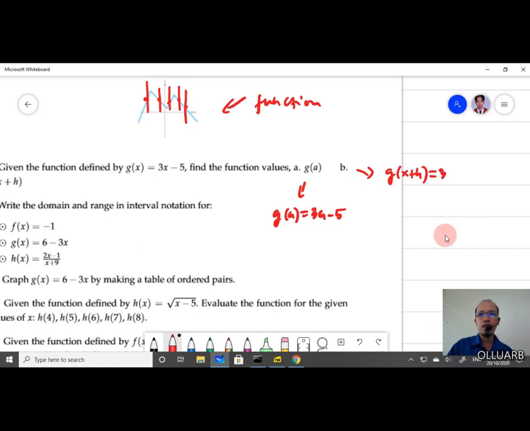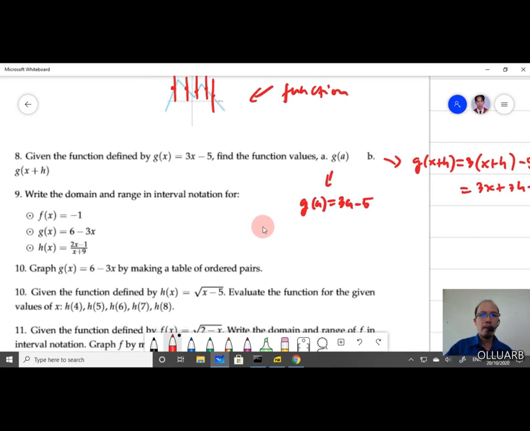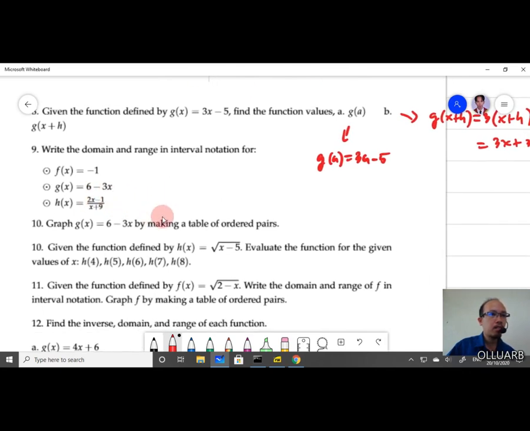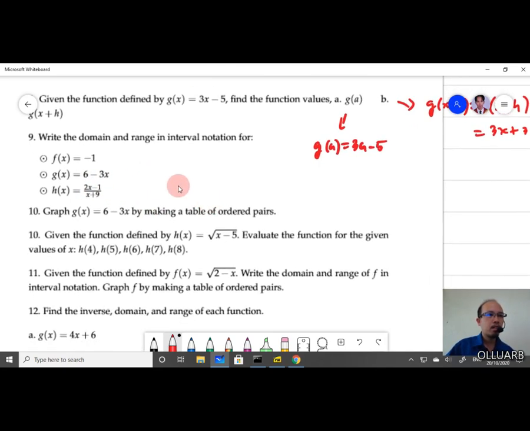So we have 3(x plus h) minus 5. So this is 3x plus 3h minus 5. Okay, number 9. Again, this is the same as in the previous problem.